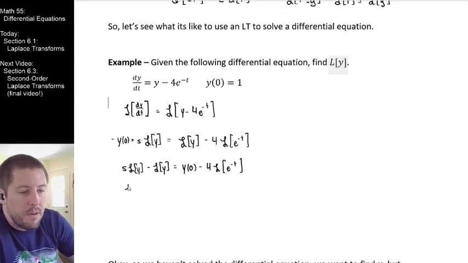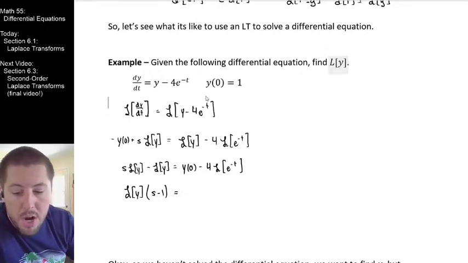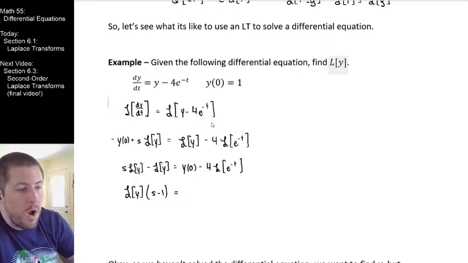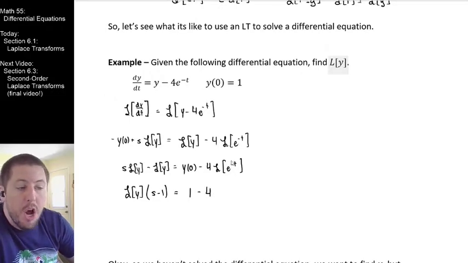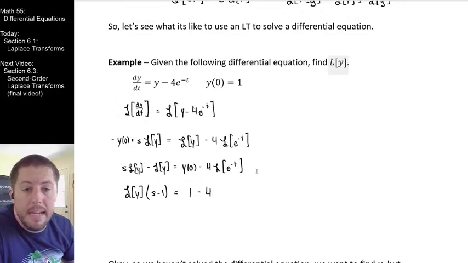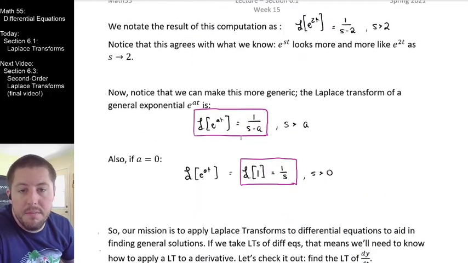My goal is to solve for the Laplace of y, so I'm going to factor it out from our two terms here. It looks like I have an s minus 1. This should be equal to, notice here I know what y of 0 is, it's just 1, right? So that's 1 minus 4 times, I know what the Laplace transform of e to the negative t is. So e to the negative t up here, that's like a is negative 1. So I should be getting 1 over s plus 1 because that negative is built into the formula right there.